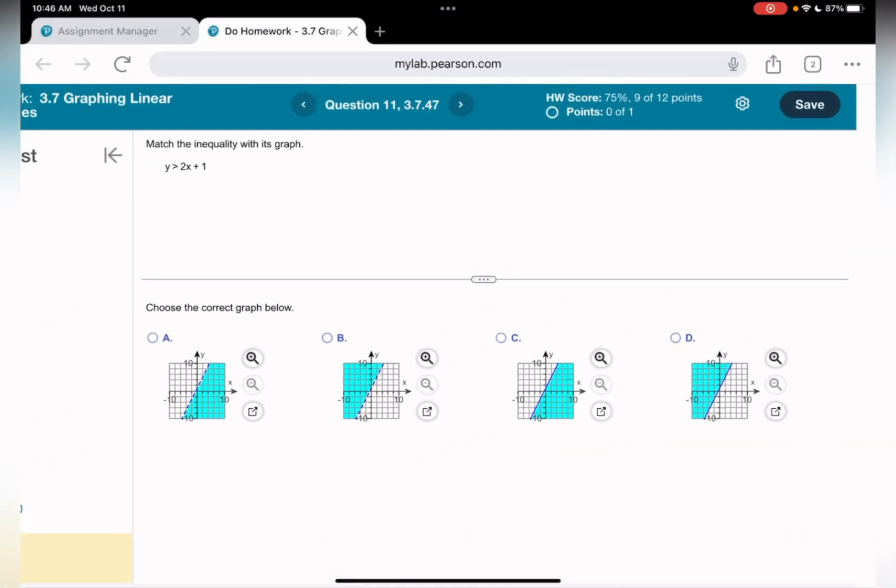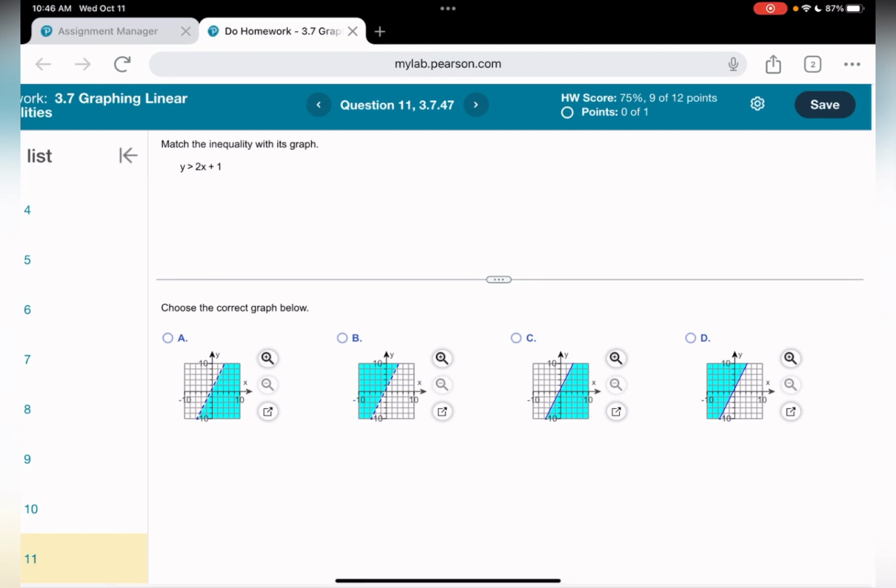Next one. Question number 11. We need to find which one is matching this graph, y less than 2x plus 1.